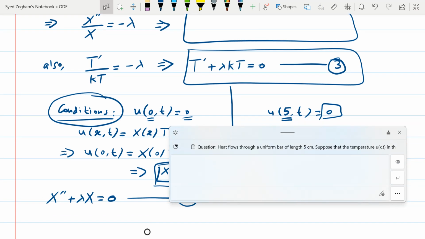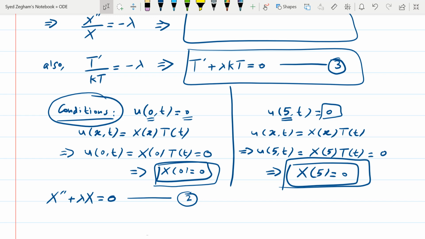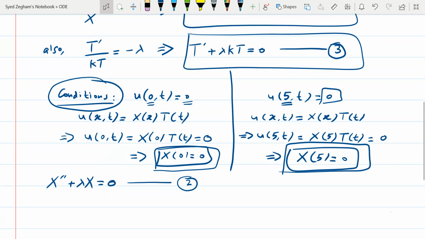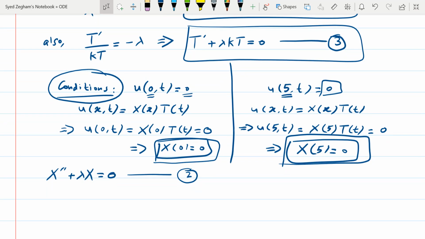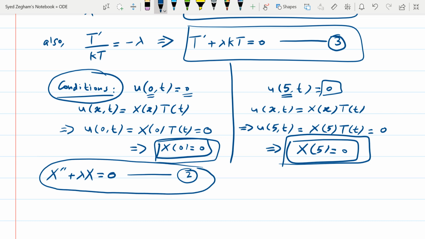Okay, good. So now, what we remember when we see this equation number 2, see, this equation is reminding us of the Sturm-Liouville eigenvalue problem.